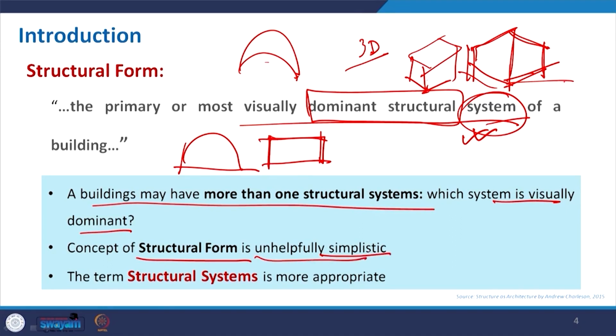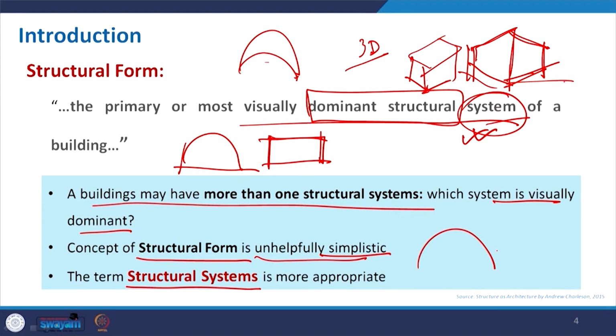So basically, when you say structural form, it is rather to say this is the structural system. When we say structural systems, we have some categories in that. We can classify our structural system in many ways. One way is by the overall 3-dimensional shape.